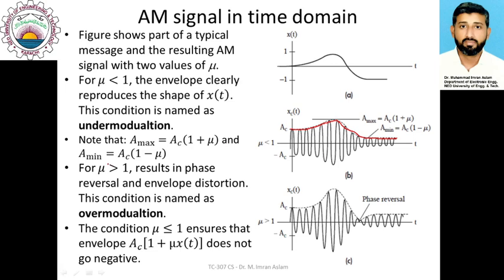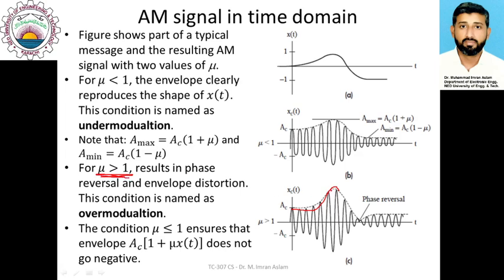But what if we have mu greater than 1? Having mu greater than 1 means the proportionality constant is high and there is a large variation in the amplitude when it is applied in an amplitude modulation scheme. You can see that we have plotted this amplitude modulated waveform again, but this time the variation goes to a higher value because of this high value of mu, which is greater than 1.